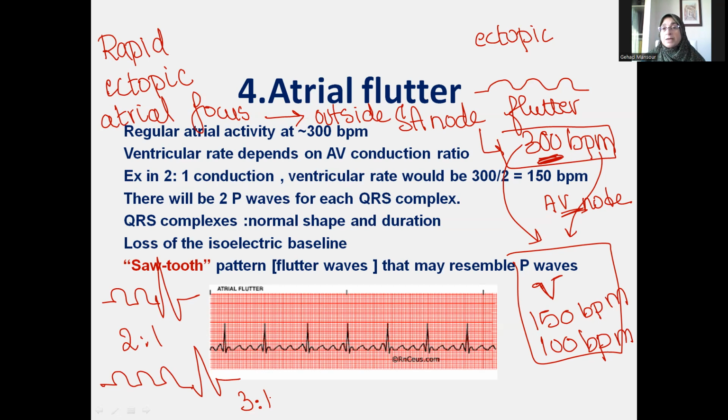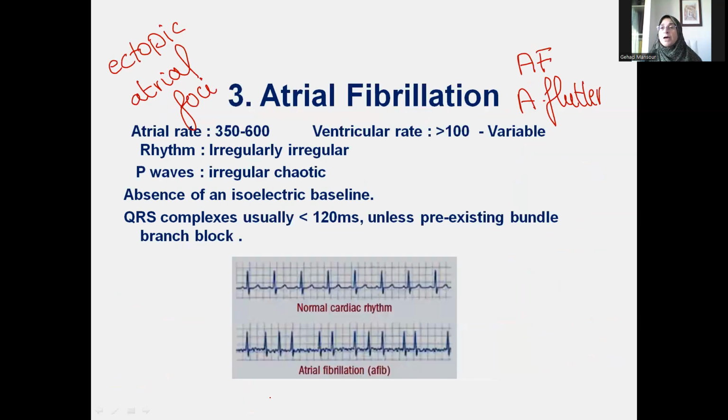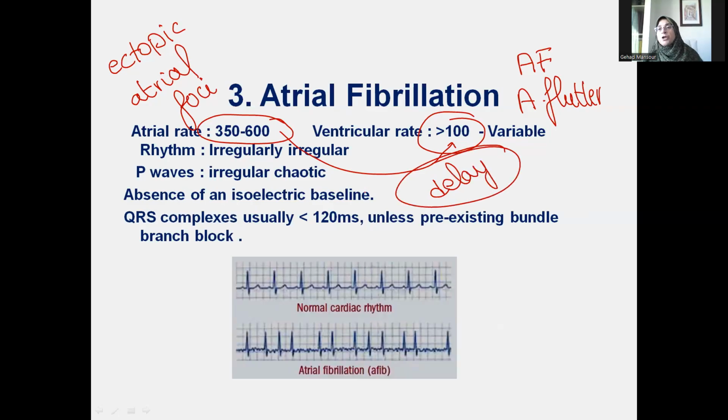Okay. In atrial fibrillation, on the other hand, we still have an ectopic atrial focus. We still have a high atrial rate, and therefore the AV node decides to diminish the rate by delaying the conduction, and we find that the ventricular rate is lower. So if I ever ask you about the reason behind the difference in rate between the atria and ventricles, you should bear this in mind.